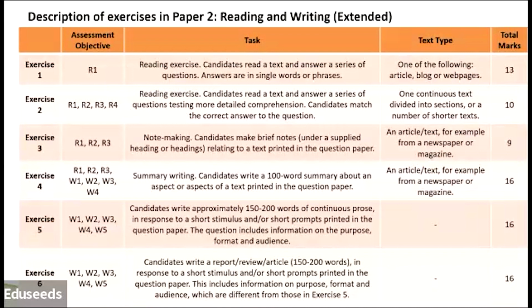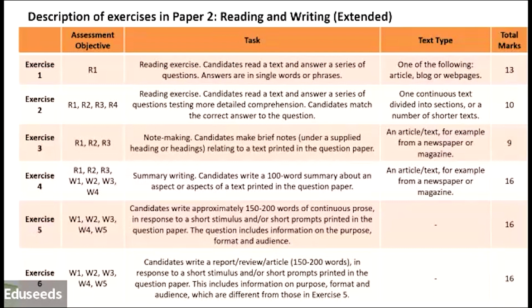Answers are in single words or phrases. Do not answer in full sentences. All right? Now, the type of text that you will be given can be any one of the following: an article, a blog, or sample web page. The marks allotted for exercise 1 is 13.